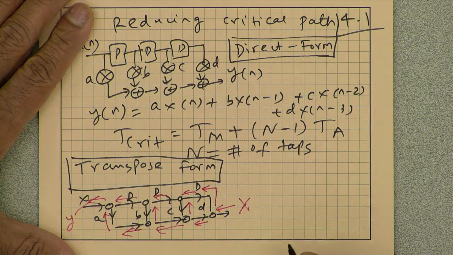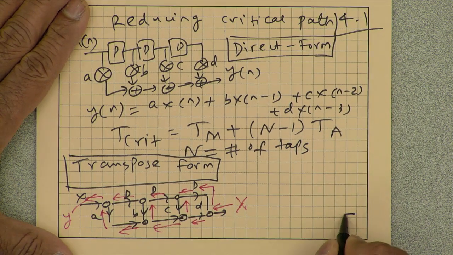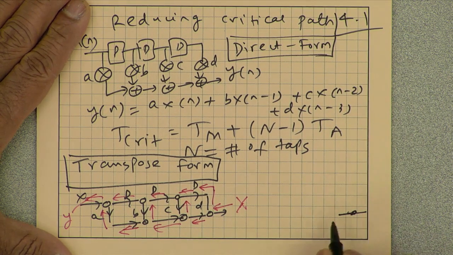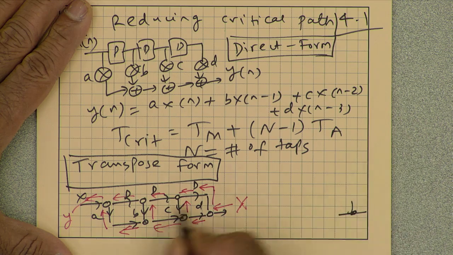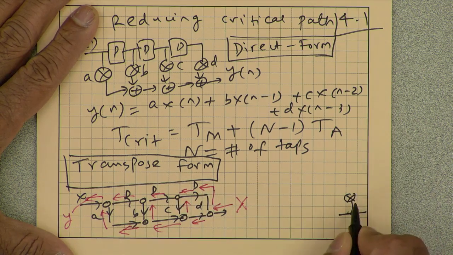And if you look at what we have now, I have x going through, well, I'm going to convert this so-called transpose form back to a block diagram.